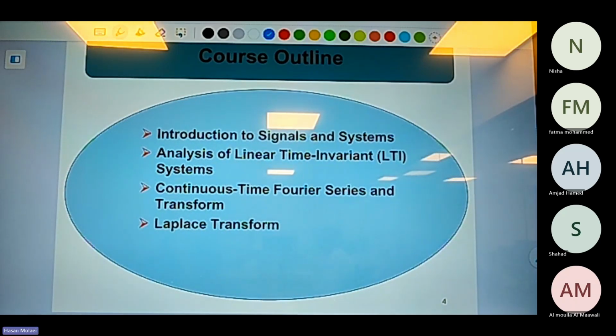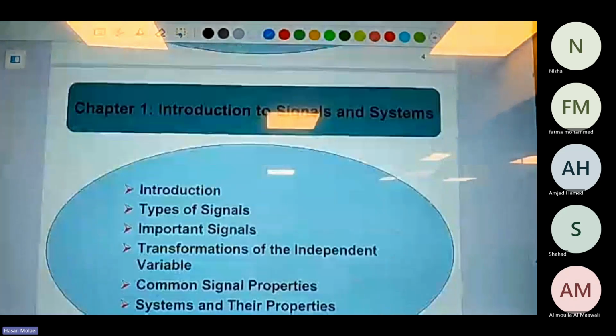After that, we will go through the Fourier transform and the Laplace transform. One of them takes us to the frequency domain, another one to the S domain. We use the Fourier transform for dealing with signals in the frequency domain and the Laplace transform to deal with systems and checking the stability.